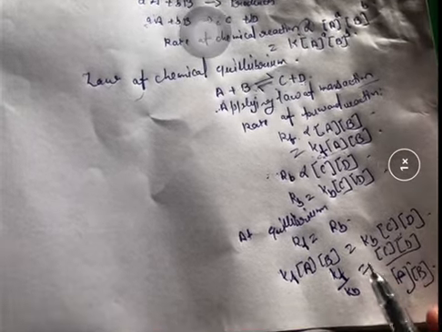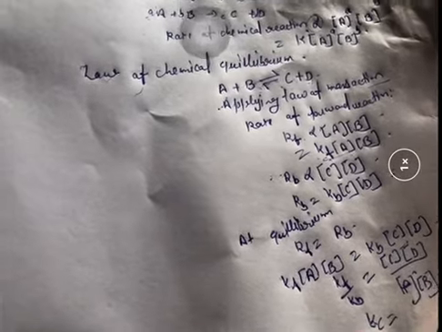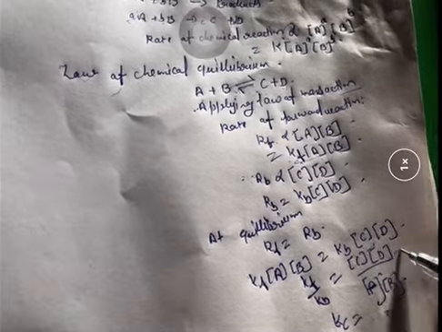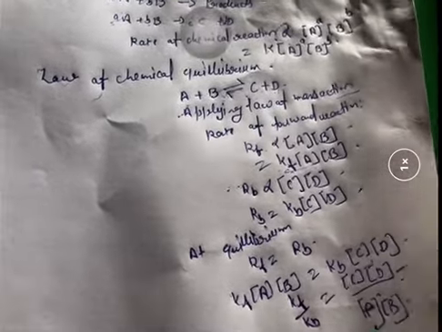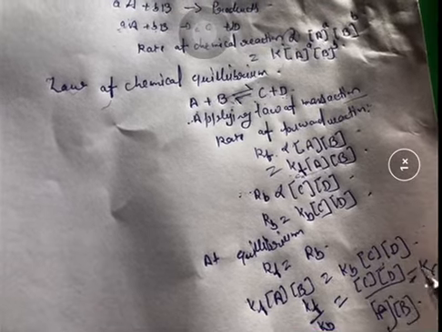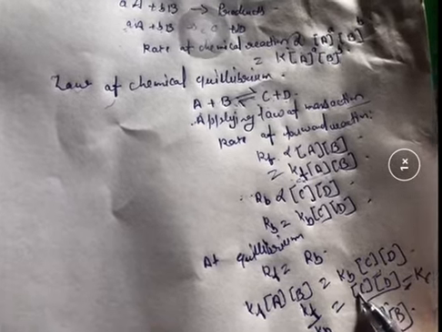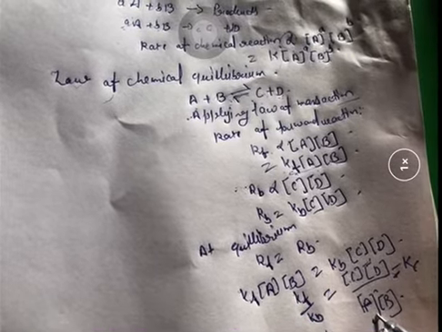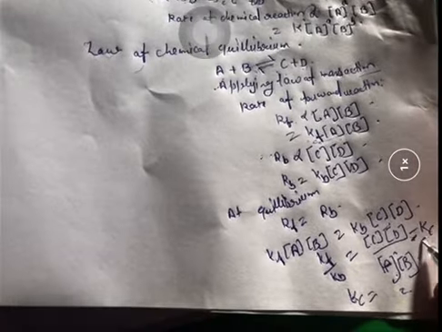Clear? Where Kf upon Kb I can replace with Kc, which is known as the equilibrium constant for a reversible reaction, that equals the product of molar concentration of products C and D to the product of molar concentration of reactants A and B. So this is the expression for the equilibrium constant.